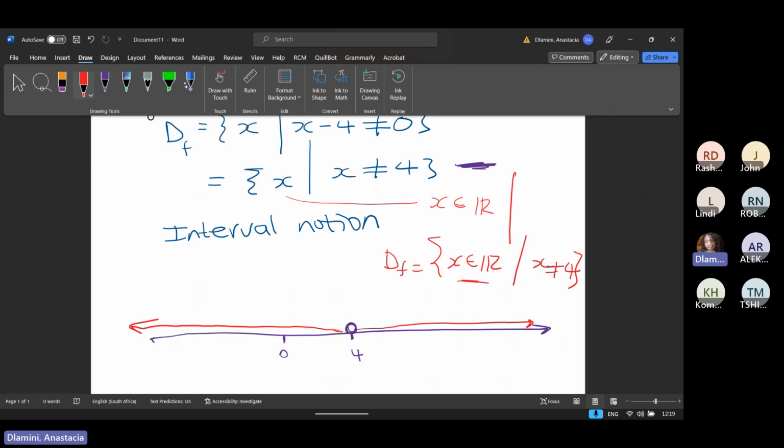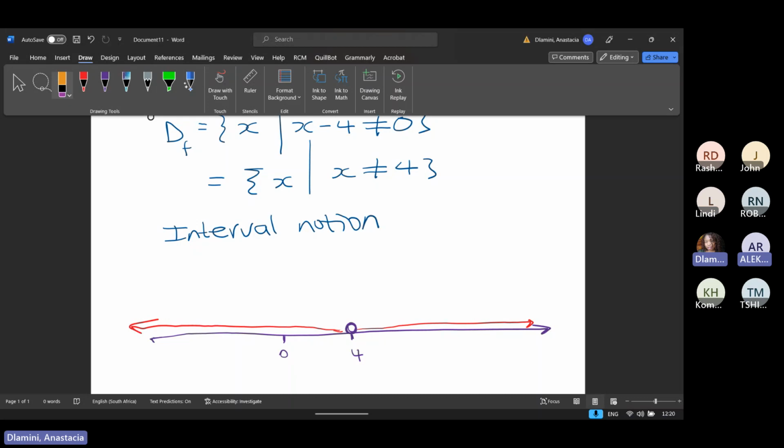Those are 1, 2, -0.5, 0.5, 0.002, whatever. Those are real numbers. So now they're saying that x is an element of real numbers such that x is not equals to 4. It means that x is any number on the number line, but not equals to 4. So that's where the function is not defined. Are we all okay on the number line?